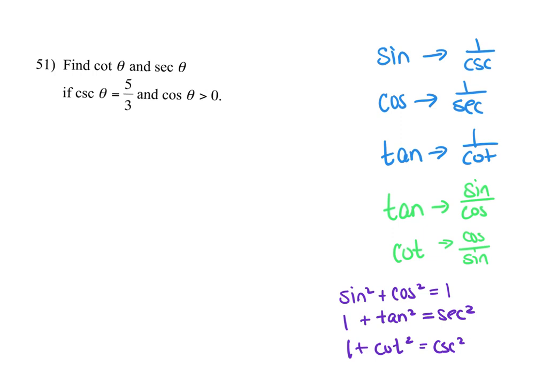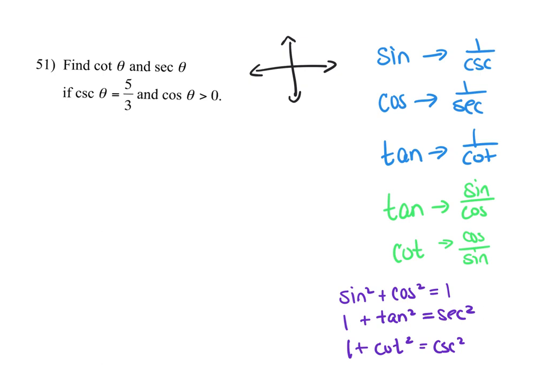All right, so let's look at what they gave us. When they give you something like this, your first goal is to figure out what quadrant you're in. So I'm going to look here and say, what did they give me? Cosecant, that's the reciprocal of which one? Sine, right?